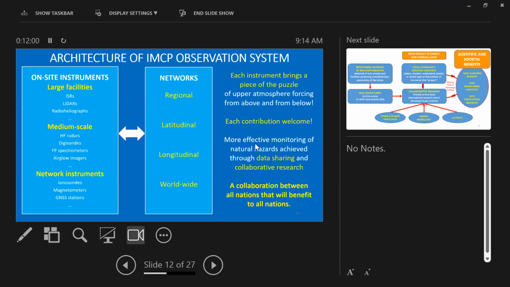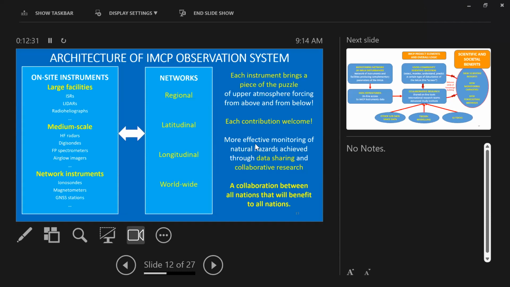They can be assembled in networks at the regional scale, at the latitudinal scale, along the latitude, along the longitude to make a longitude monitoring, or worldwide. Everything has a place. And let's say the logic and philosophy of this project is that each ground-based instrument brings a piece of the puzzle of the upper atmosphere forcing from above and from below, which is what we want to monitor.